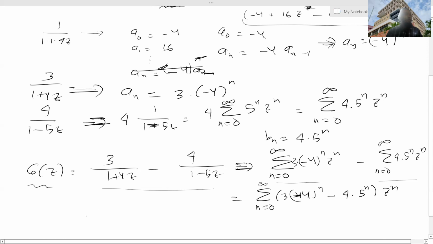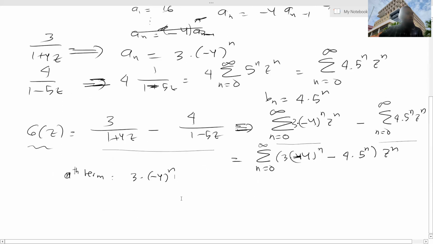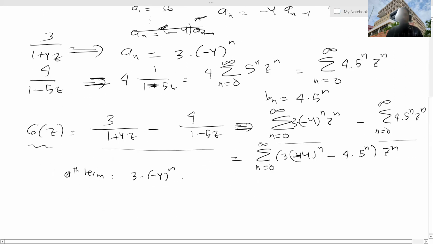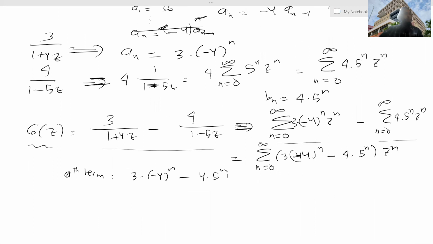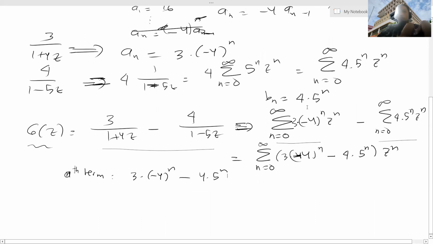So that means the nth term is of course 3 times (-4)^n minus 4 times 5^n. All right, good. Any question?